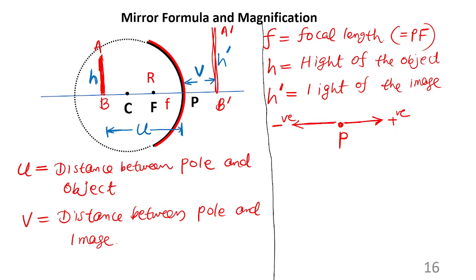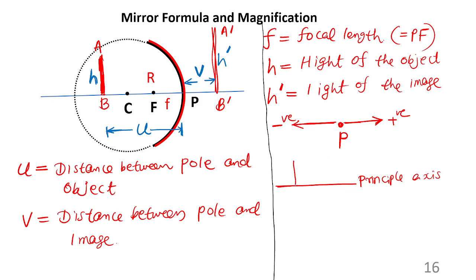Okay. And one more thing is regarding the sign of H and H dash. So the sign of U, V, F as per this diagram, and the sign of H and H dash I am going to discuss. Let it be the principal axis. For the sign of the height H and H dash, we don't look at the pole. We will consider only the principal axis.